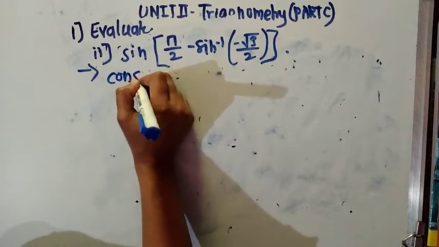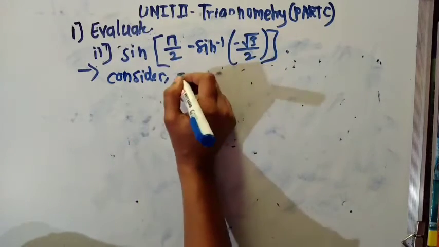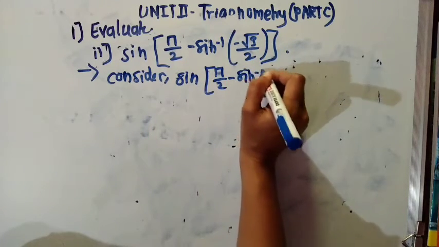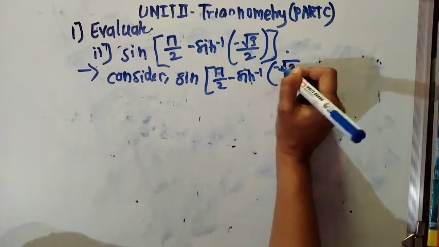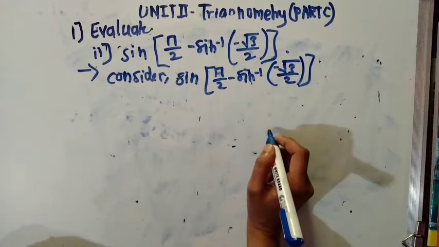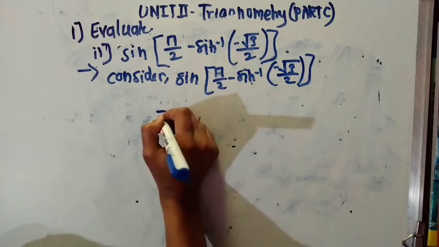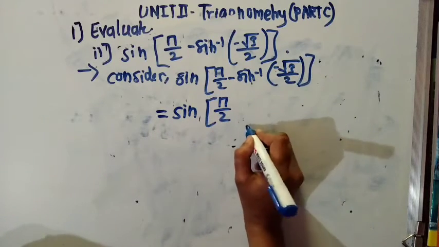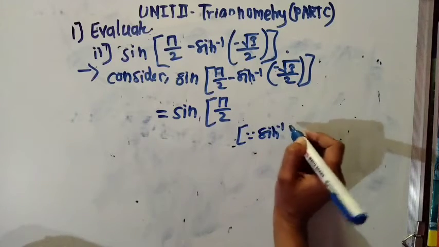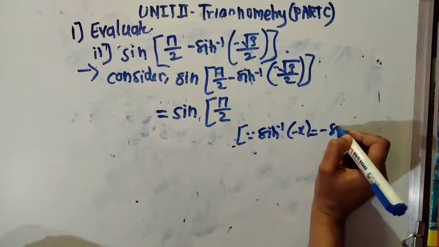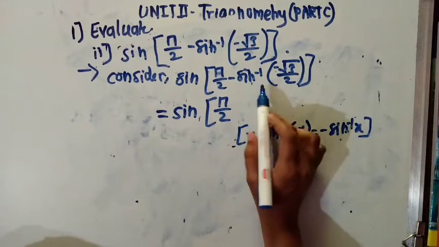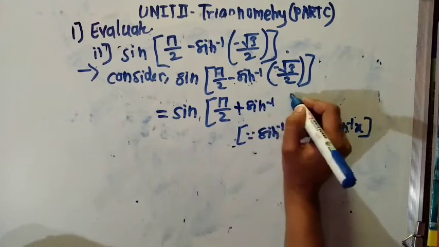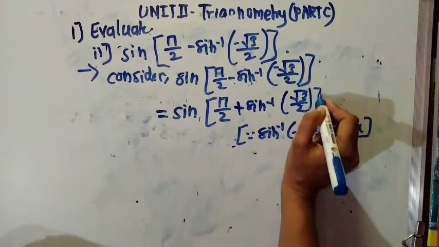First, let us consider this expression, which is equal to sin of pi by 2 plus sin inverse of root 3 upon 2, since sin inverse of minus x is equal to minus sin inverse of x.